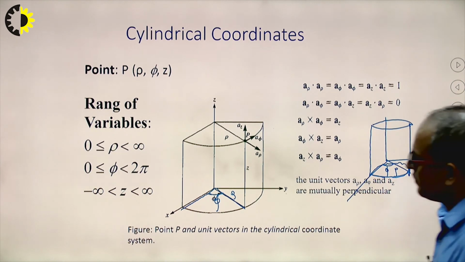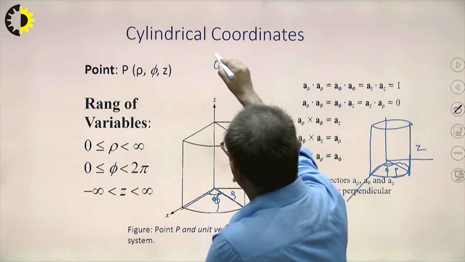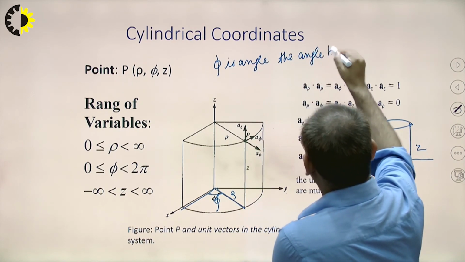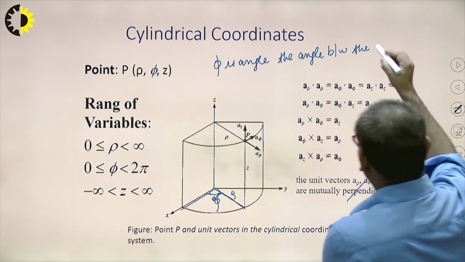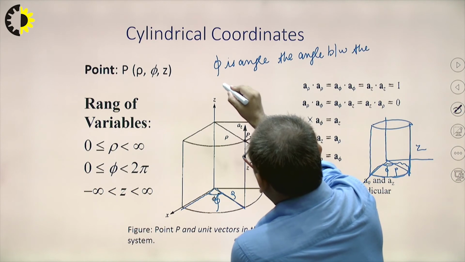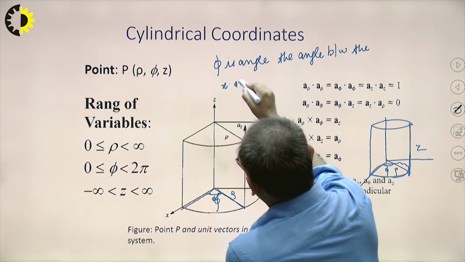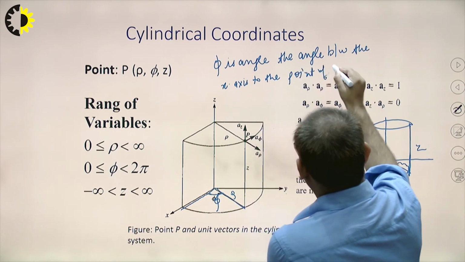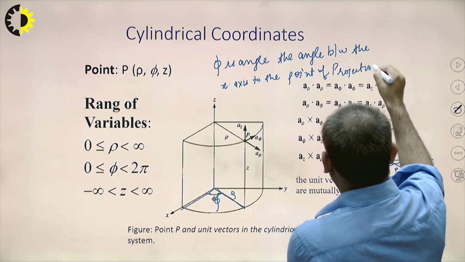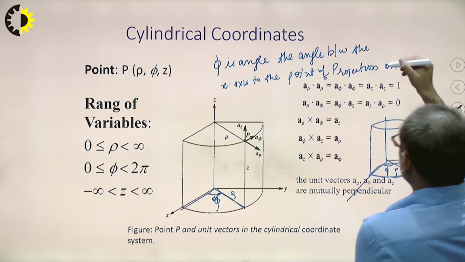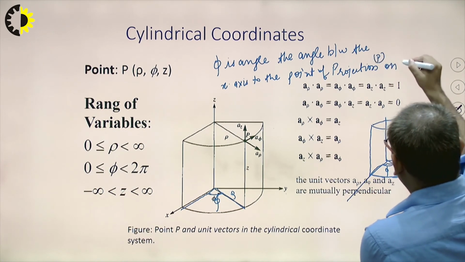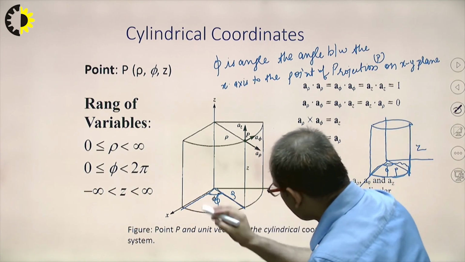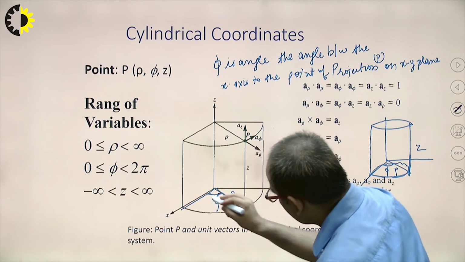Clear? Now what is phi? Phi is the angle between the X-axis and the point of projection of P on the XY plane. What is the projection on this XY plane? It is coming here.